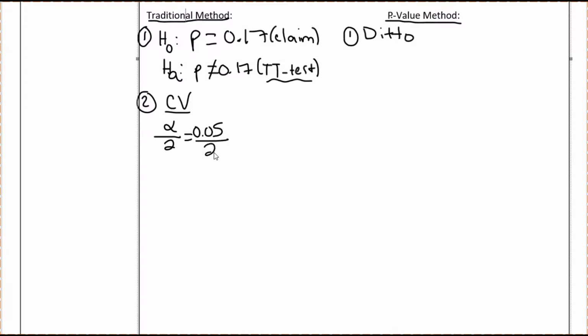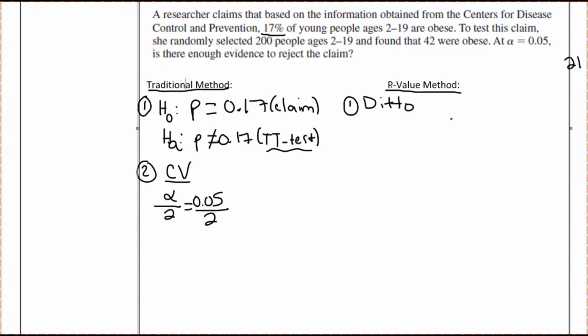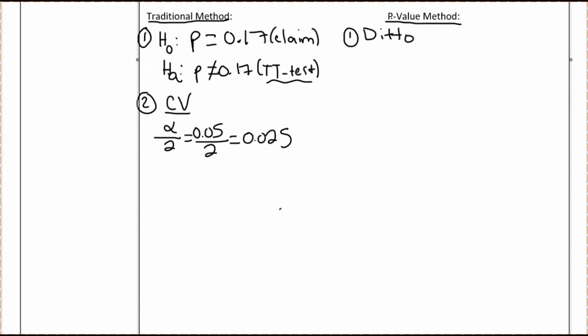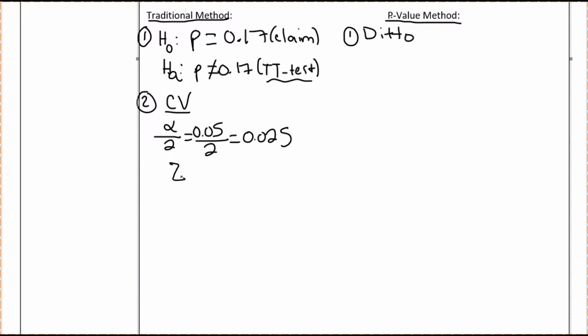So alpha in the problem is 0.05, and we need to divide it into two tails. So this is our area on each side. So we need to look this up in the z-chart. Recall that since we're doing a two-tailed test, we're going to have two critical values here. So we're going to have a plus or minus version.